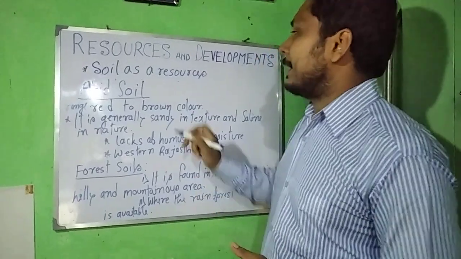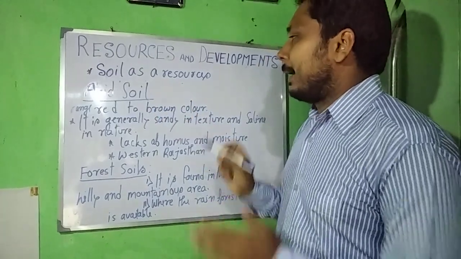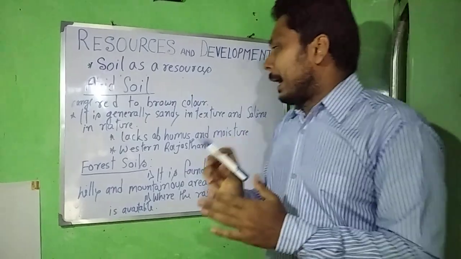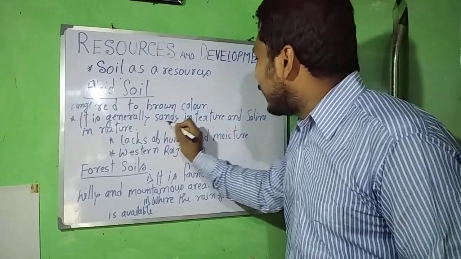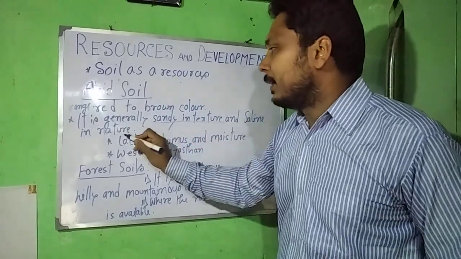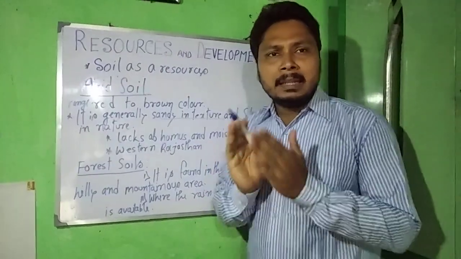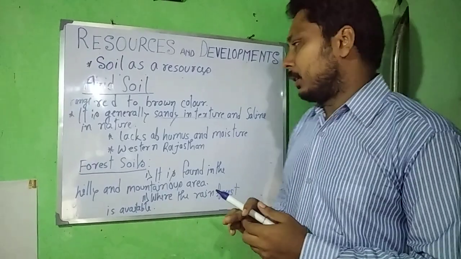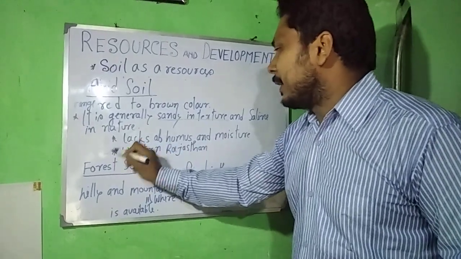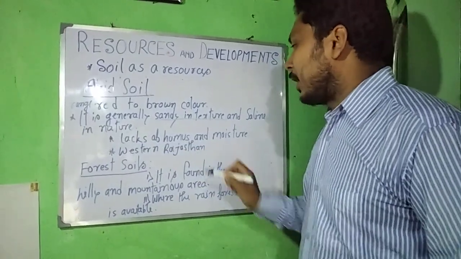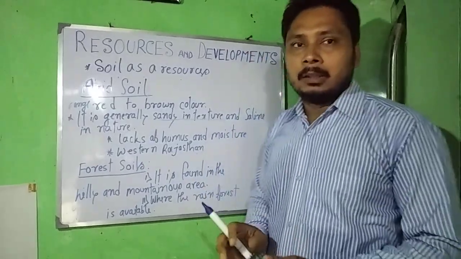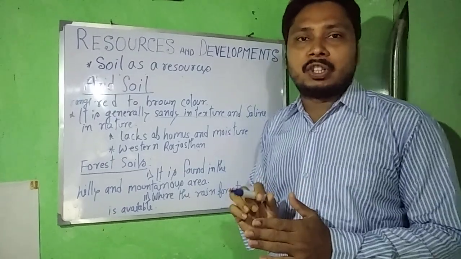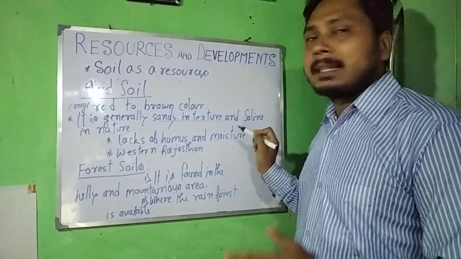The next topic is arid soils. These soils range from red to brown in color, and are generally sandy in texture and saline in nature. In this soil we find a lack of humus and moisture, and we can find this soil mainly in western parts of Rajasthan, because the high temperature and dry climate lack humus and moisture.